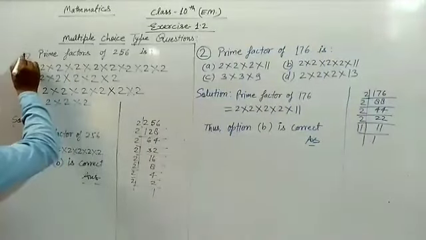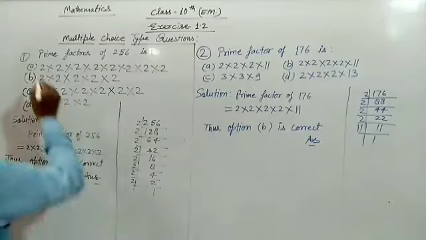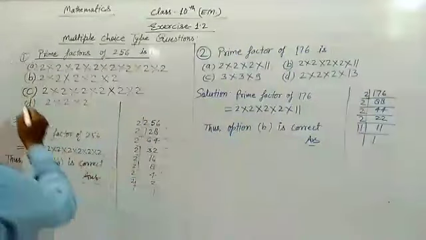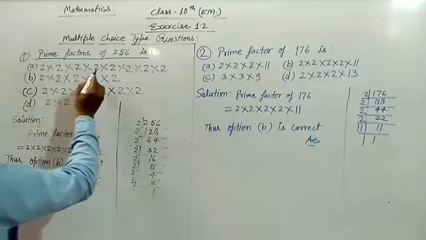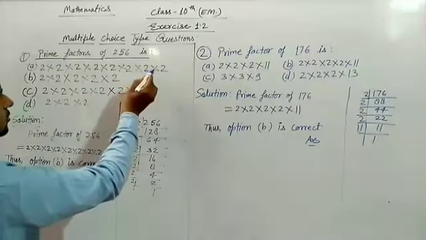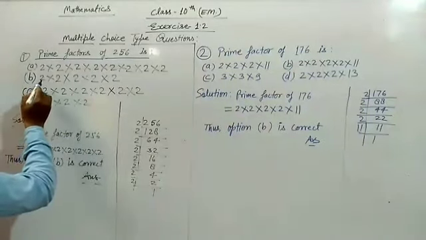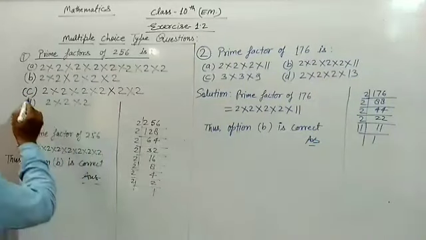The first question is: prime factors of 256 is. Option A is 2 into 2 into 2 into 2 into 2 into 2 into 2 into 2. Option B is 2 into 2 into 2 into 2 into 2.